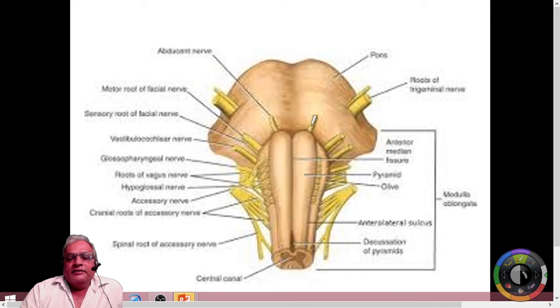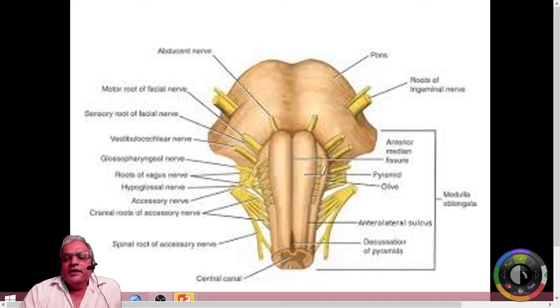But as you look here, you can see that this is the abducens nerve, and I told you that the general somatic efferent column, which supplies the voluntary skeletal muscle, is in a straight line: oculomotor, trochlear, abducens, and hypoglossal. Now, if you look at the hypoglossal, you can see the nerve roots of the hypoglossal here, on either side of these two elevations, the central elevation and the lateral elevation.